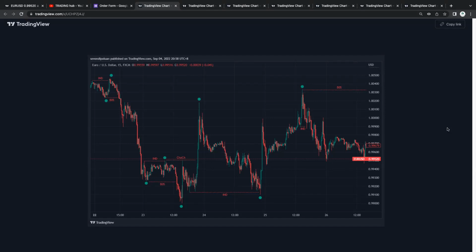Because structure is first: you first identify the structure, second you identify the liquidity, and third you identify the area of interest where we can take a risk for the buy and sell, which is called POI, AOI. So these are three things you need to know in smart money concept.